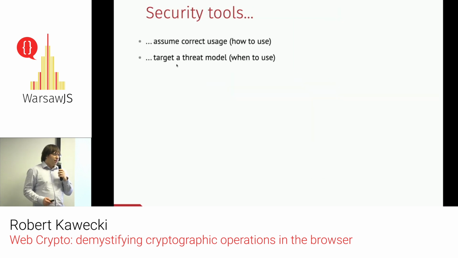Well, the cryptographic API is a security tool, first and foremost. What that means is it lives in an ecosystem that's composed of your environment and of the use cases. So let's talk about what security tools demand of you.